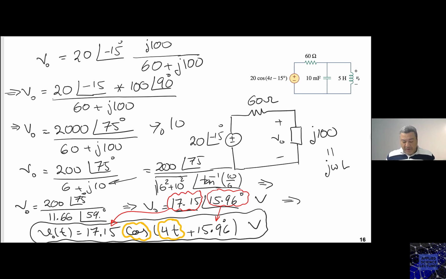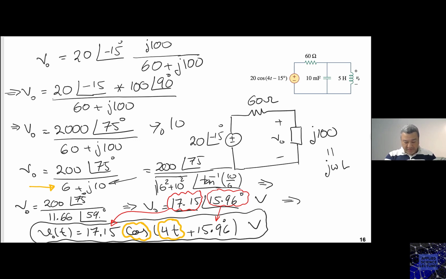Why are you expecting it to be minus 15.96? Look at this rectangular number. When we transformed this 6 plus j10 into polar, what did we get?